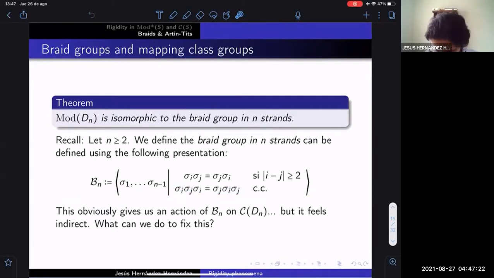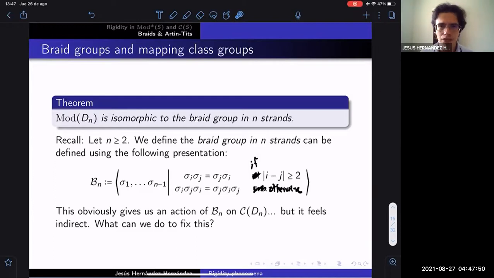Sorry, for the Spanish, this should be something like "if" and "otherwise". Anyway, this gives us an action of Bn on the curve graph, simply by saying, okay, I pass from Bn to the mapping class group, and then I act on the curve graph.